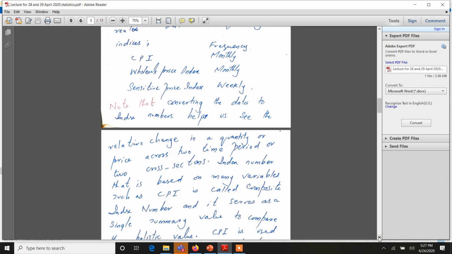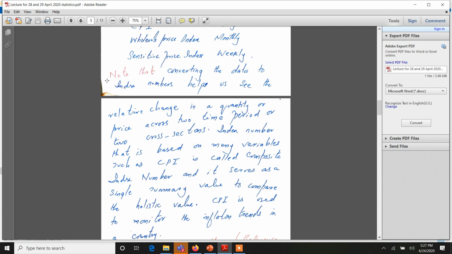Now note that converting the data to an index number helps us see the relative change in a quantity or price across two time periods or two cross sections, right?